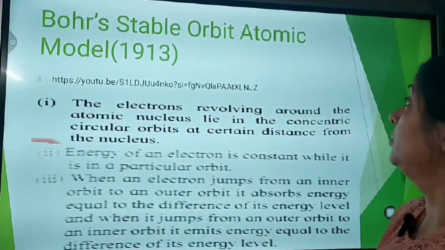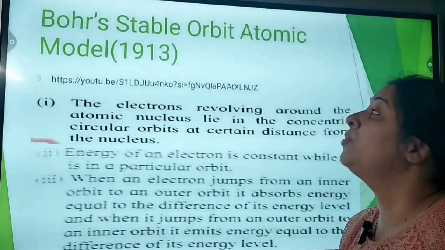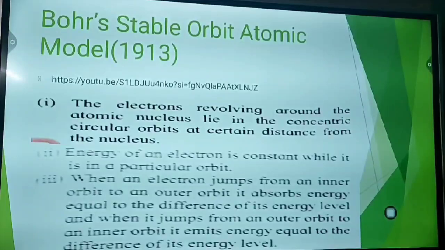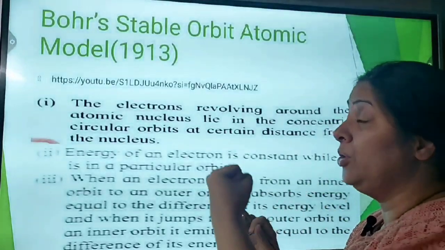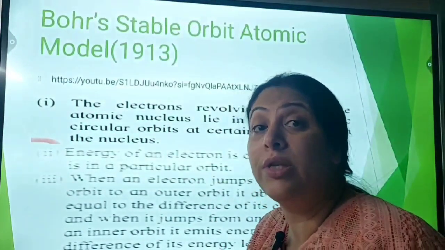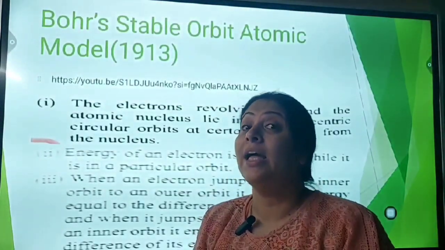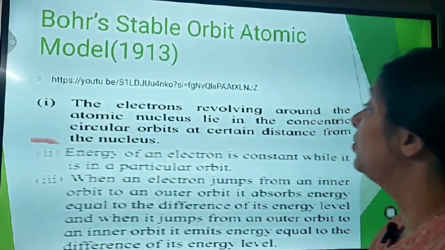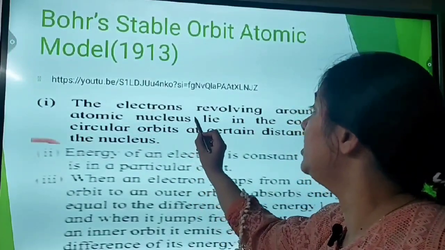Bohr's stable orbit atomic model was formed in 1913. Now the electrons are revolving around the atomic nucleus. Children, what does the atomic nucleus have? It has positively charged protons and neutrally charged neutrons. Okay? So the electrons are revolving around the atomic nucleus.